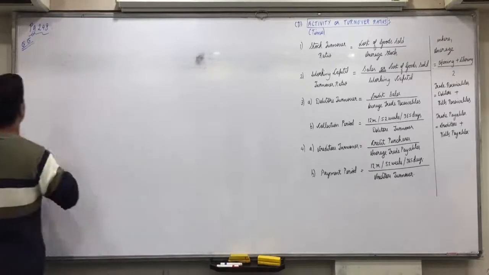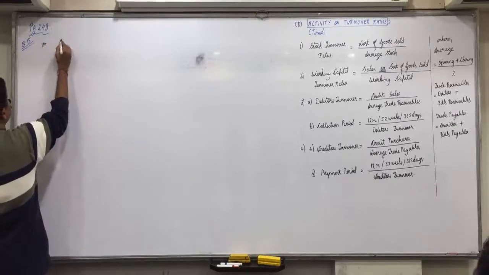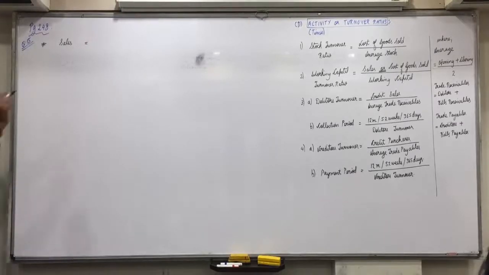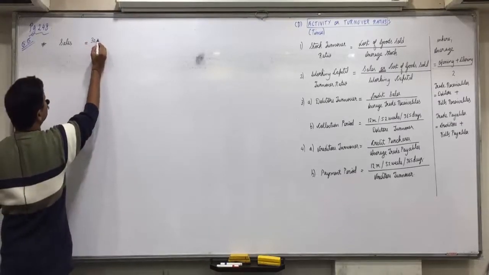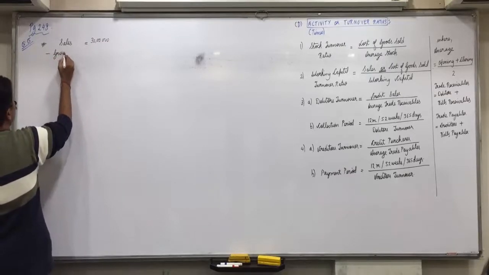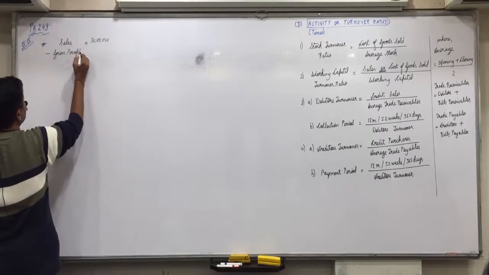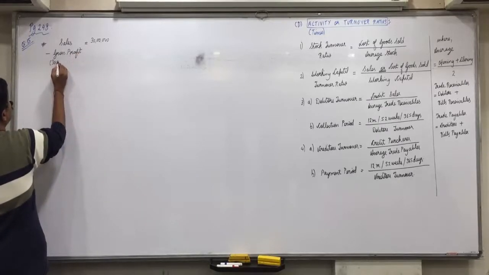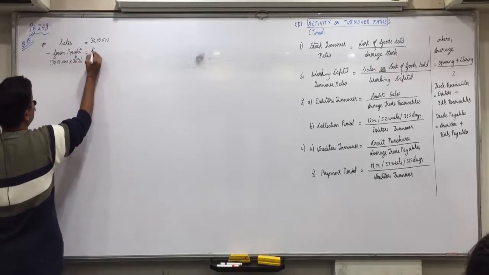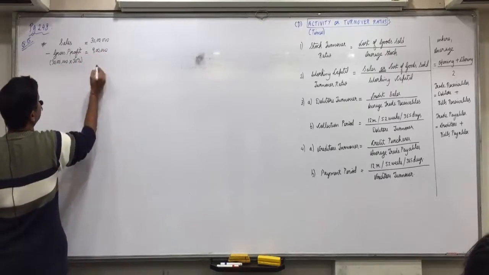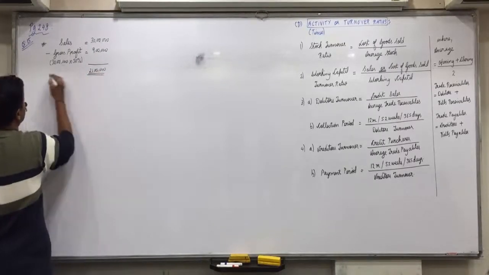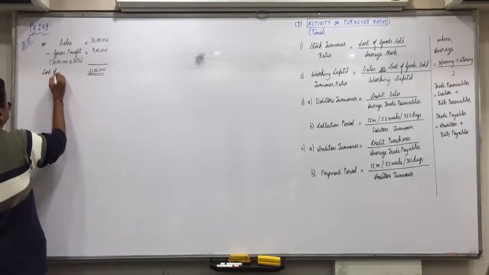Write down. Sales is equal to 30 lakhs minus gross profit 30%, so 30 lakhs into 30%, 9 lakhs. 21 lakhs is cost of goods sold.